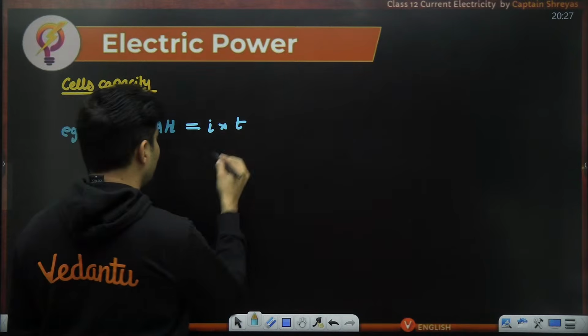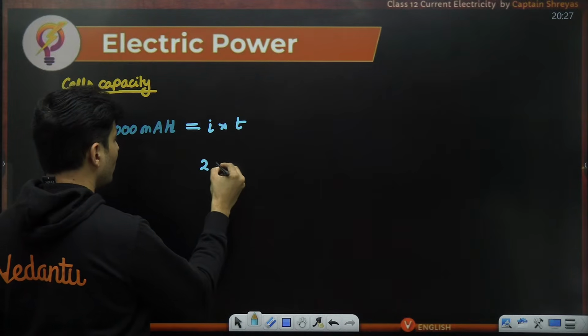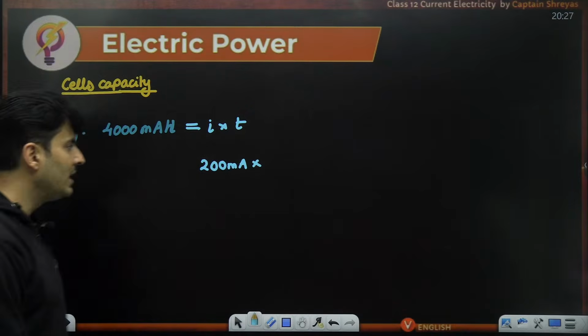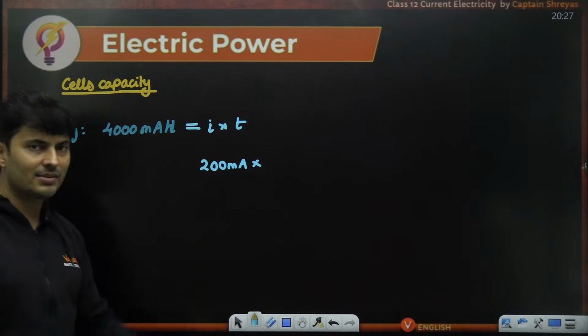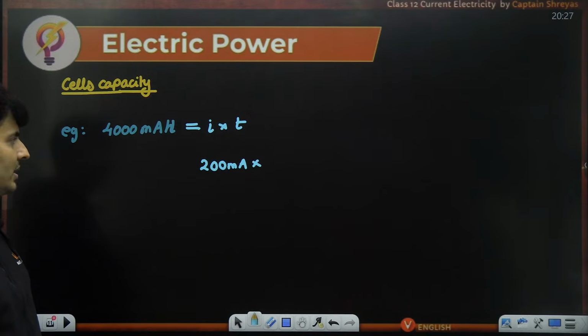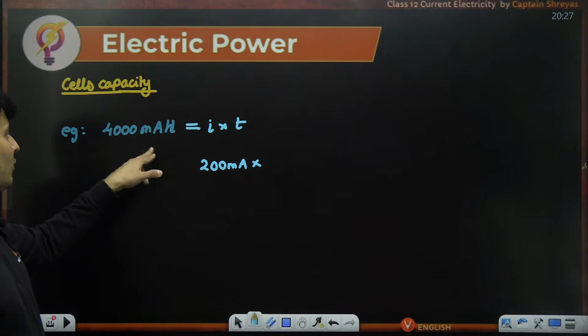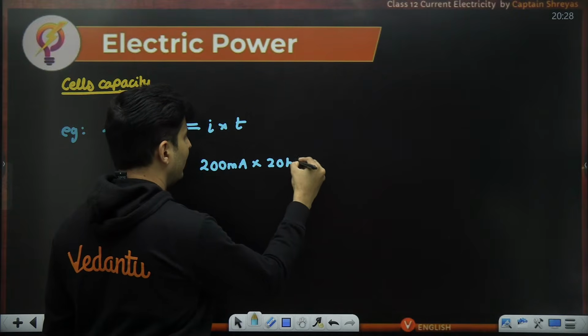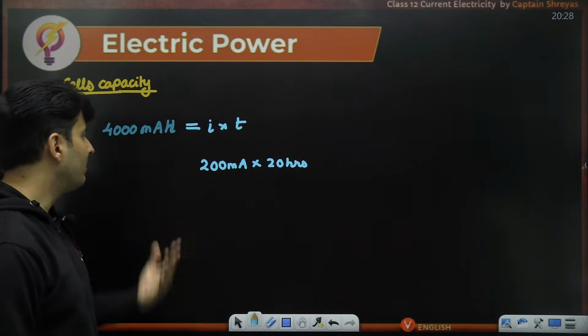So just for example's sake, if I'm only drawing 200 milliamperes of current, how many hours will it work? Think about it. 200 into something should give you 4000. 200 into 2 will give you 400, so into 10. So basically 20 hours. So it will work for 20 hours.